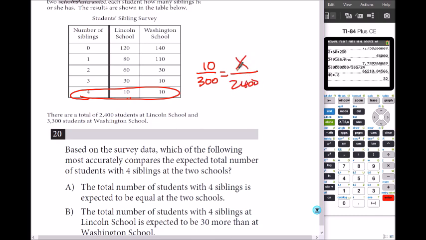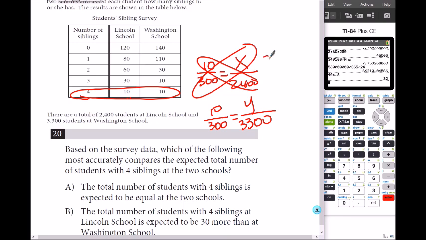So here's X, the actual number, out of 2,400. And here's 10 over 300 again, but it was out of much more, 3,300. So we have to find both X and Y, the actual number that we can guess from the survey. When you cross multiply, it becomes 2,400 and another 0 equals 300X. So you divide by 300.